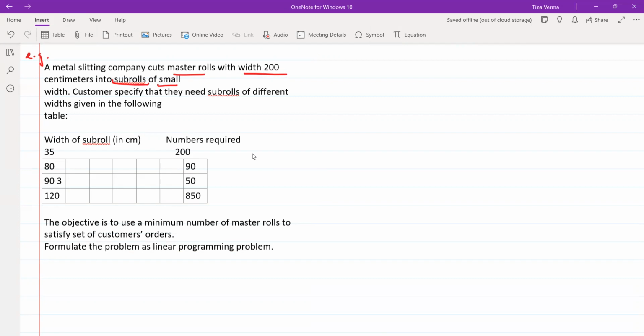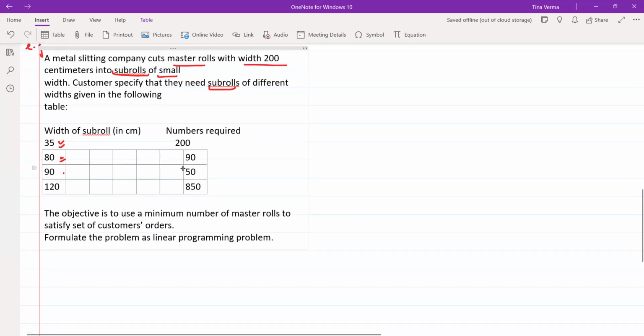Customer specify that they need sub rolls. कस्टमर कहते हैं कि उनको सब रोल्स की कितनी विड्थ चाहिए, 35 सेंटीमीटर सब रोल हो, 80 सेंटीमीटर का सब रोल हो, 90 का सब रोल हो, और 120 सेंटीमीटर का सब रोल हो.